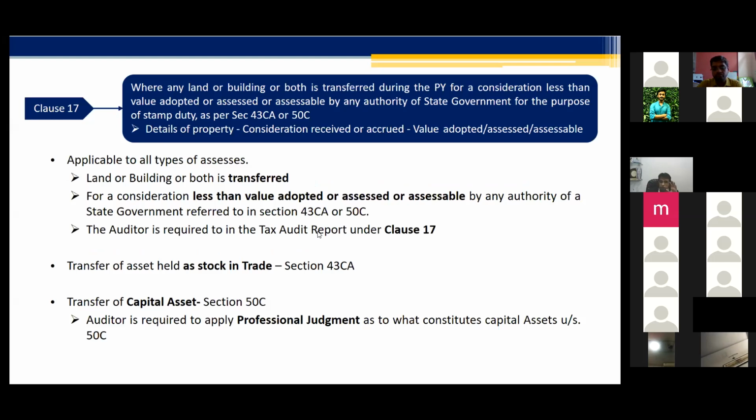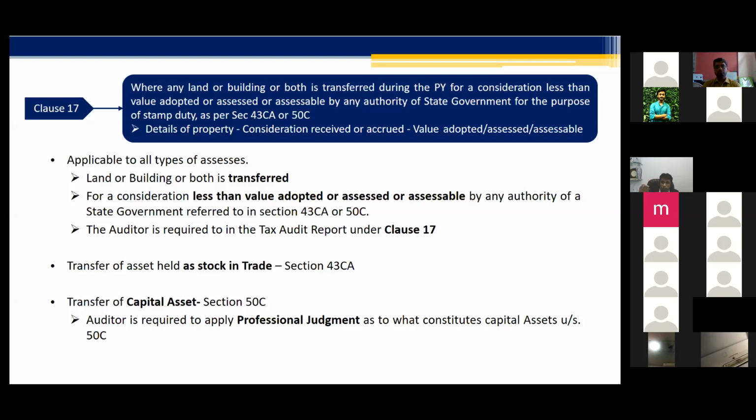Time and again the various courts have held that section 50C and 43CA is a deeming provision. And a deeming provision should be interpreted in a manner that its implementation is restricted only to the purpose for which it is meant. Now 43CA and 50C clearly say it is for land, building or both. If you cannot transfer or give the possession of that particular land or building to the transferee, to my mind, it will not amount to the transfer of land, building or both.